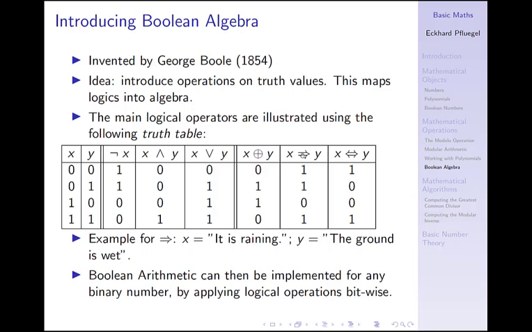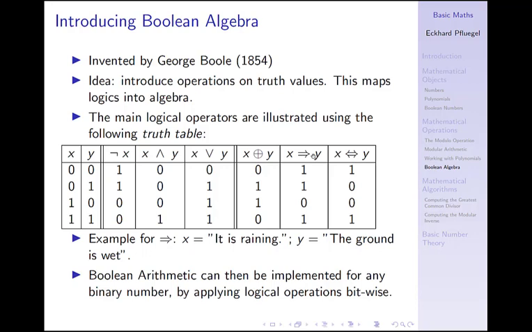Then the next operator is the implication, of course. So X implies Y. And this is probably best understood using an example. So let's say X means it is raining and Y means the ground is wet.